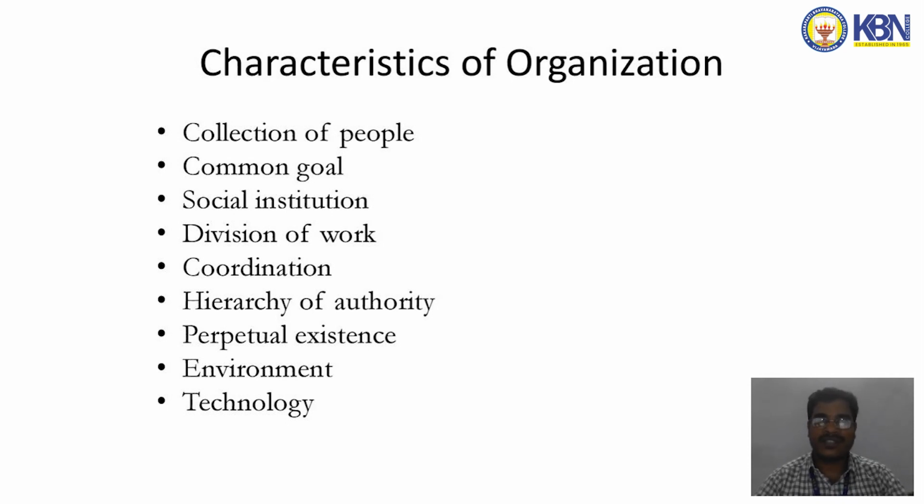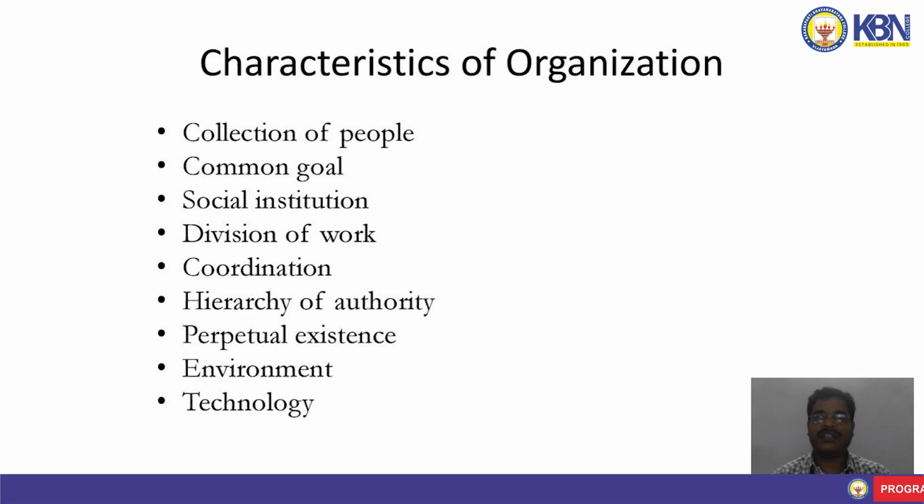And it's a social institution, and moreover in the organizational scenario the work will be divided among the available group of people, and among the group of people there should be coordination. In Koontz and O'Donnell's definition itself we have discussed that authority relationships should be coordinated.